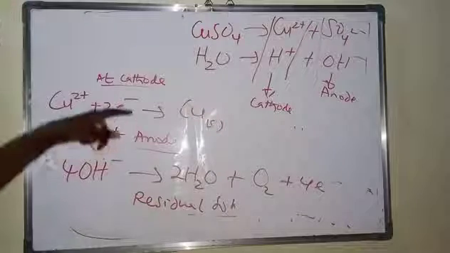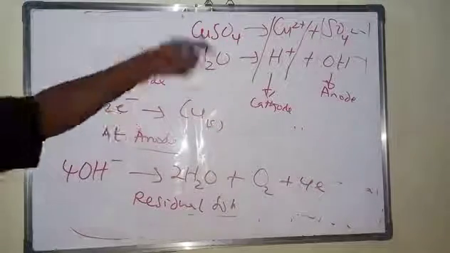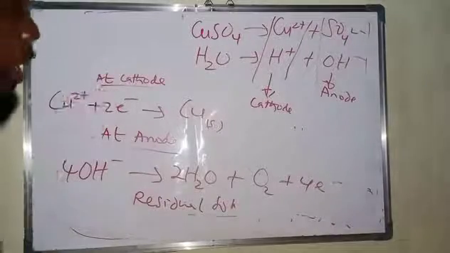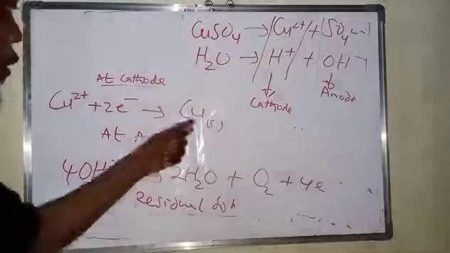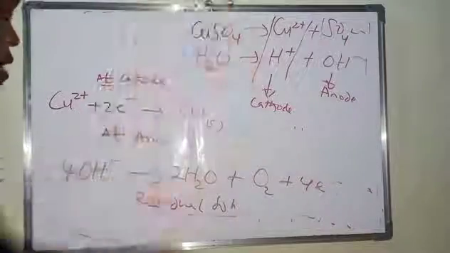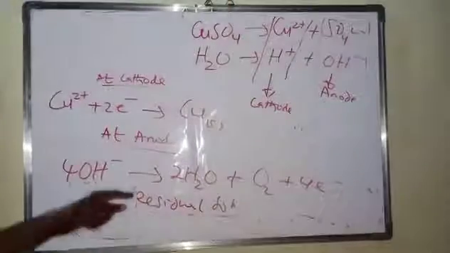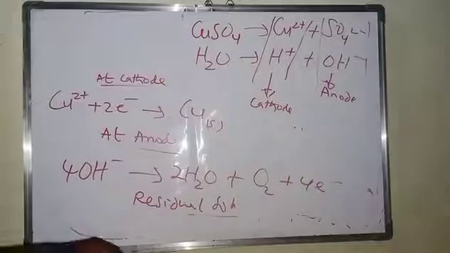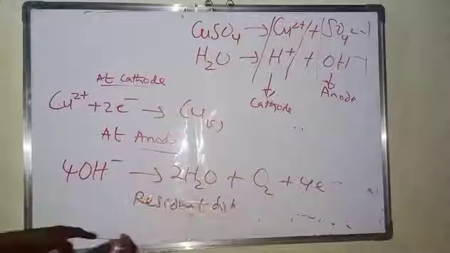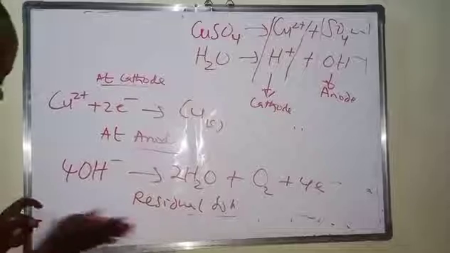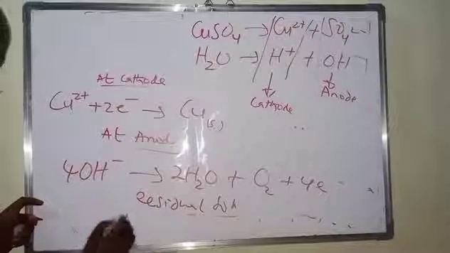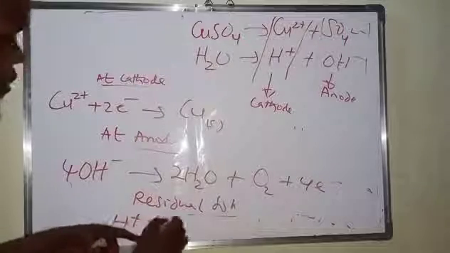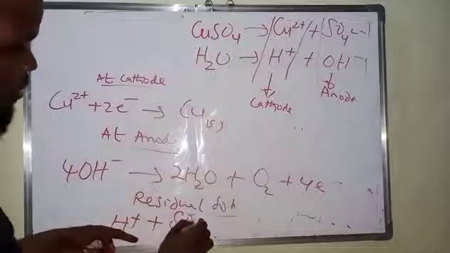So you can see that from here, most of the copper ions have been taken away, removed from the solution to form copper deposited as solid on the cathode. And from here, OH has been removed. So it now implies that in the residual solution, you're going to have hydrogen ions, which are unused, plus the sulfate ions that were unused.